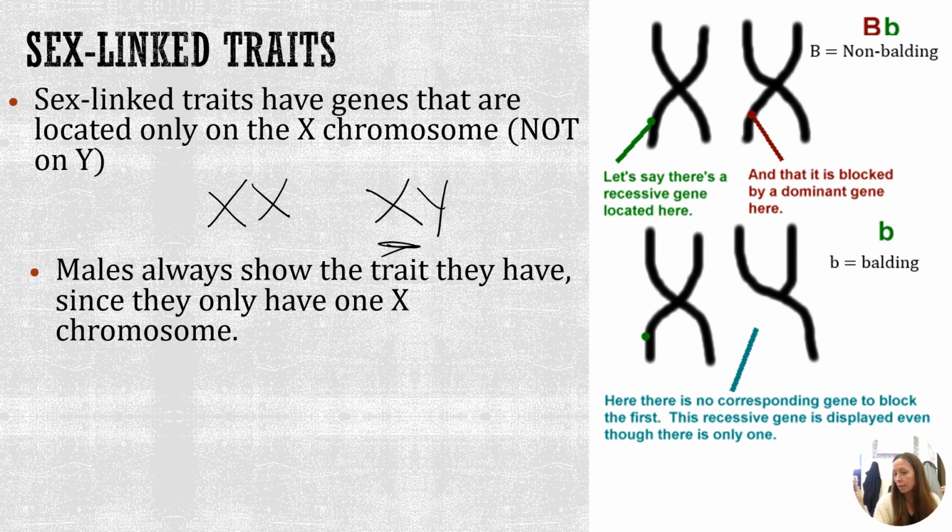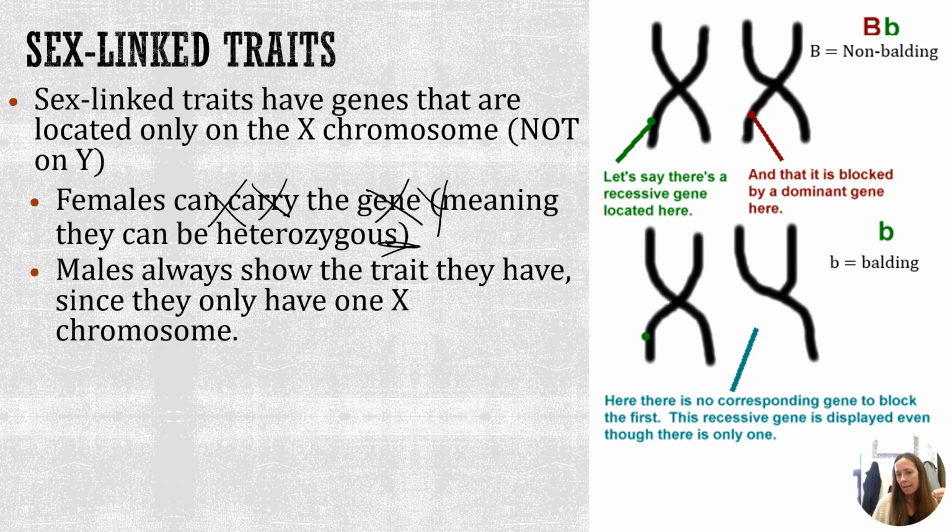So all traits, they're either going to have or not have. They don't have another letter to kind of cover up the first one. There's no option of heterozygous for males, all right? Where females can carry. Females can have that heterozygous version because they have two X's.